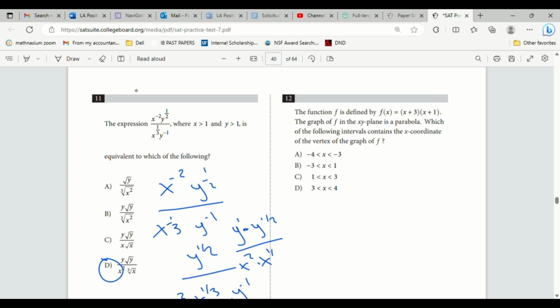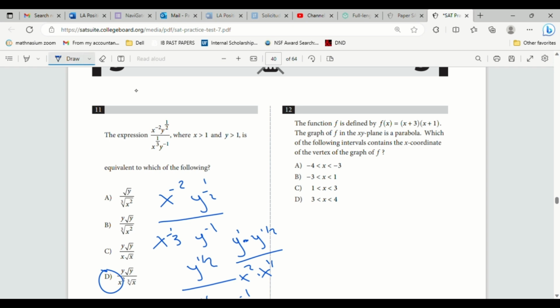So they give us a factored form of this quadratic, so we're going to FOIL it out. So f of x equals x times x, which is x squared, x times 1, which is plus x, times 3, which is plus 3x, and then 3 times 1 is plus 3.